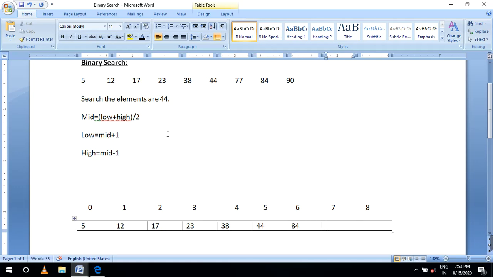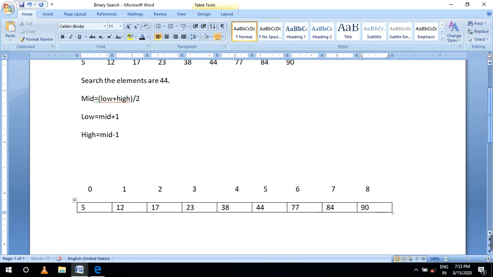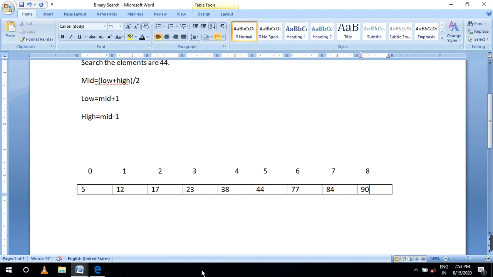I'm missing 77, so the elements are 12, 17, 23, 38, 44, 77, after that 84, and after that 90. Totally 9 elements.